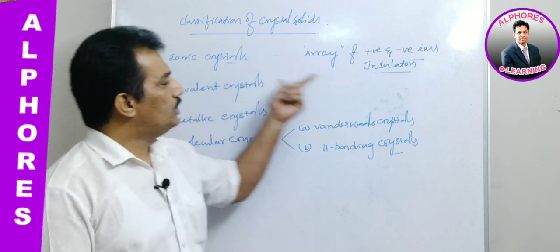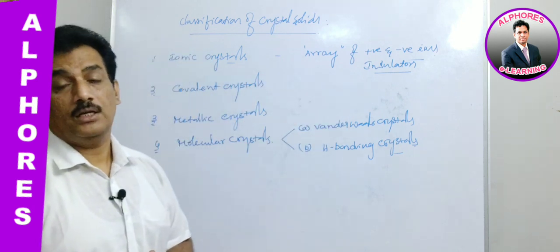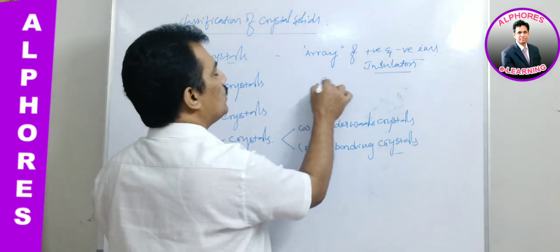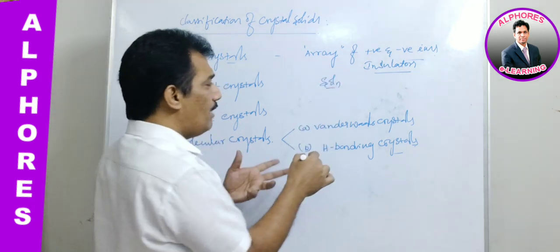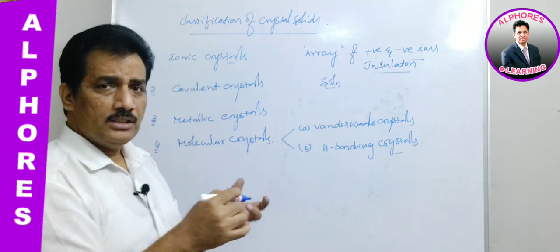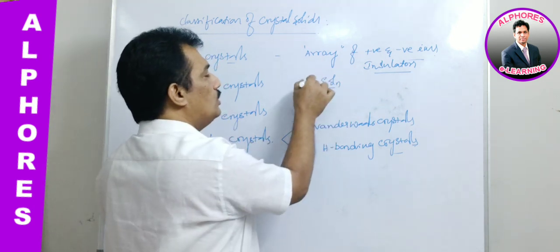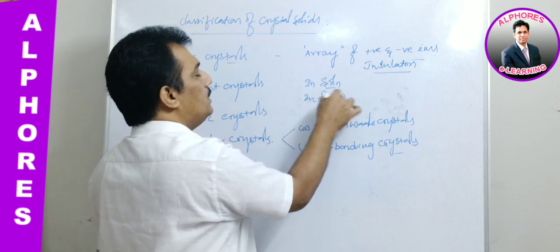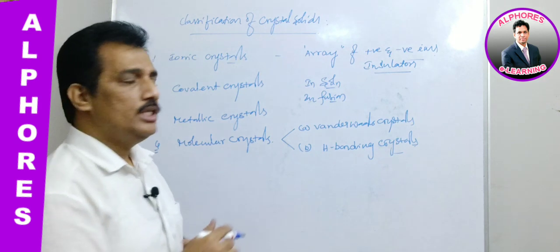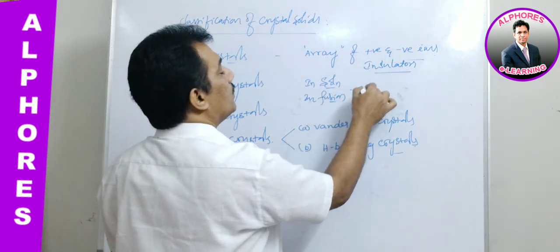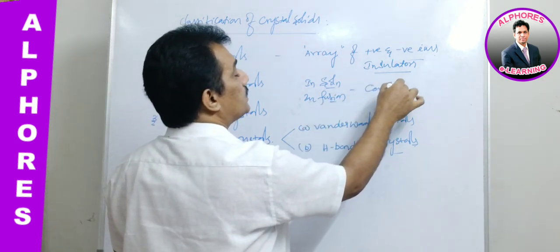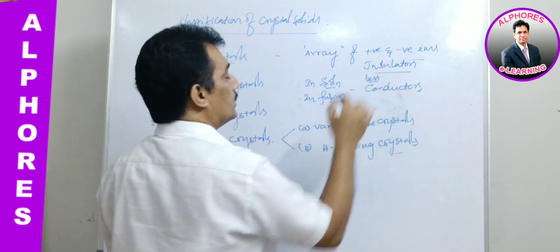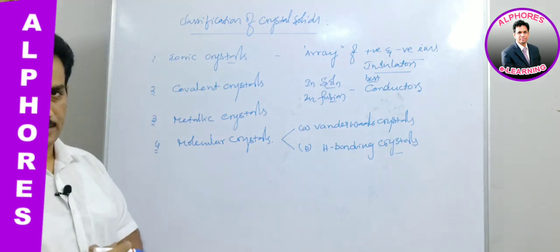Now these ionic crystals can dissolve in water or any other polar solvents, and once they form the solution, they have free ions. Because of the free ions in solution form and in fusion form also, in fusion again these ions get free. In these two cases they are the best conductors, excellent conductors because of the free ions present.